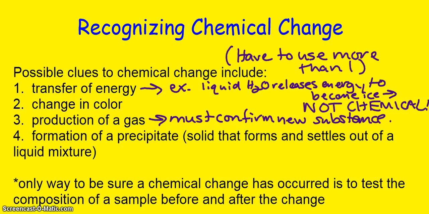Now, in a similar idea, if I form a precipitate, which is a fancy science word for a solid, if I have two liquids come together and I get a solid that is created and you can see it kind of flaking out or settling out of the mixture, that is an indication of a new set of properties. That substance is now insoluble.